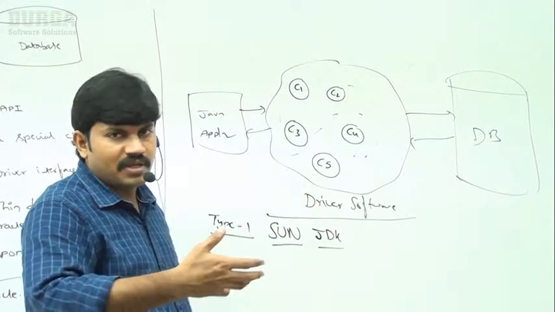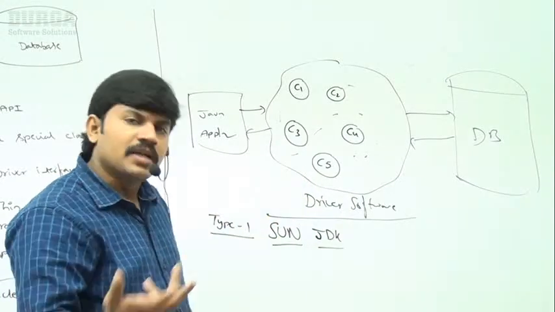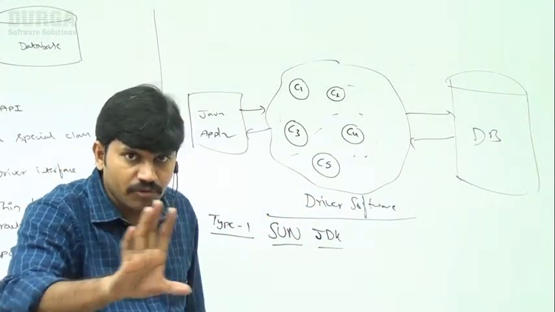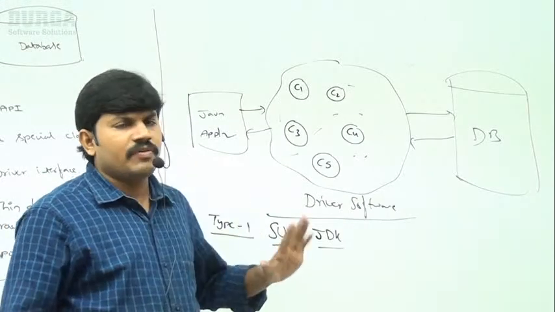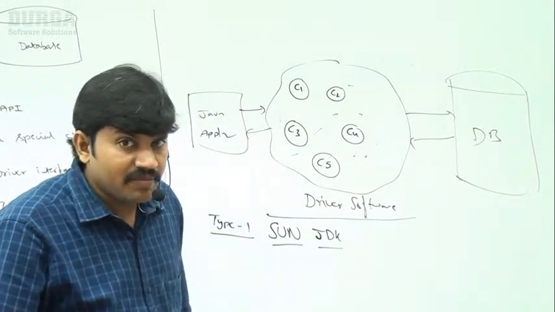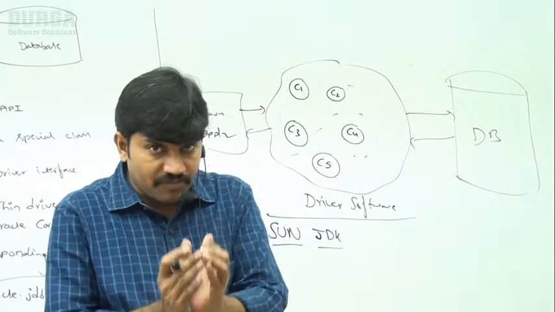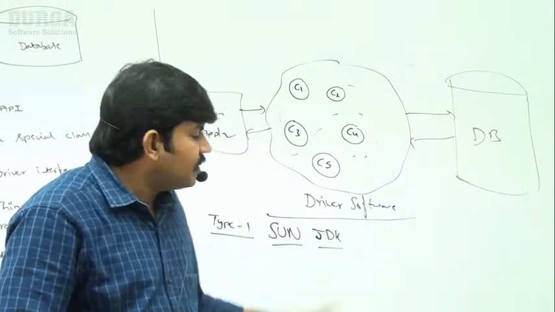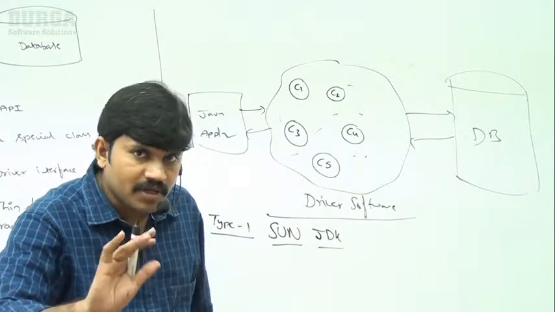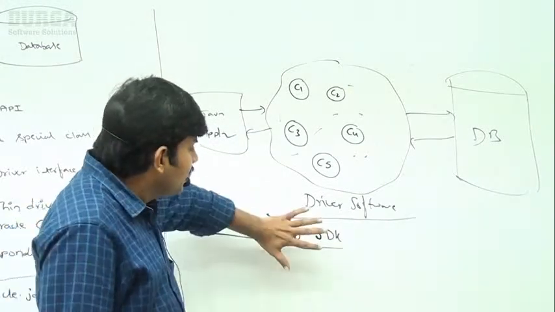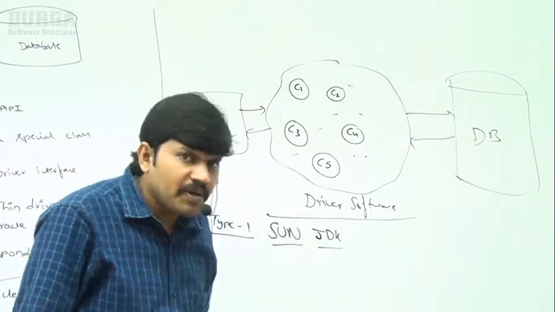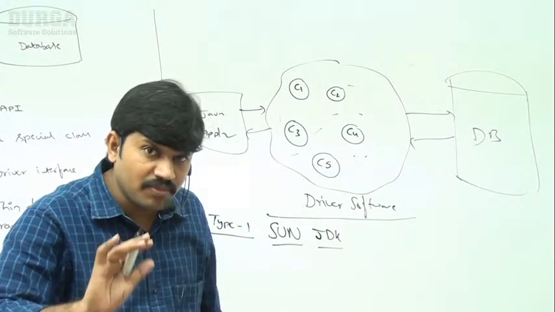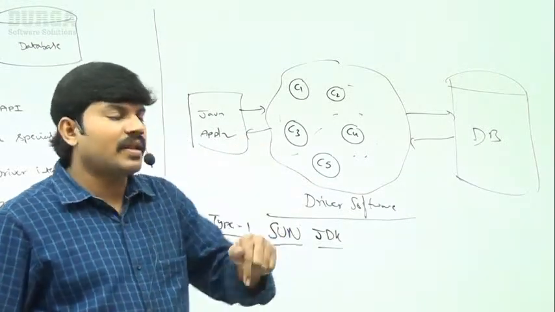After completing our cinema, the next topic is types of drivers only. There I will explain much more, don't worry. So there is one driver software. What is the name of that driver software? Type 1 driver software provided by Sun Microsystems, the part of JDK, right? Now, in this driver software, there must be a driver class. Yes, what is the driver class?